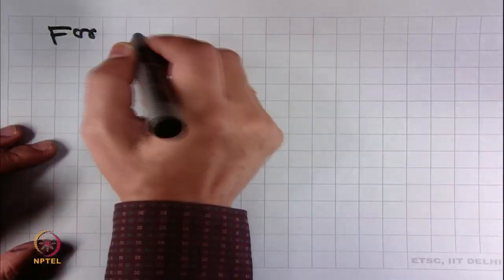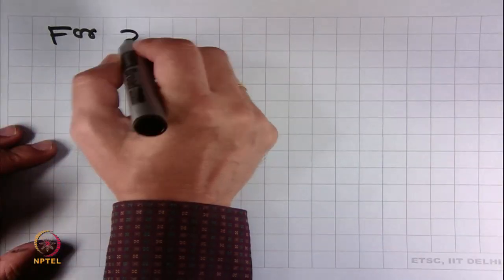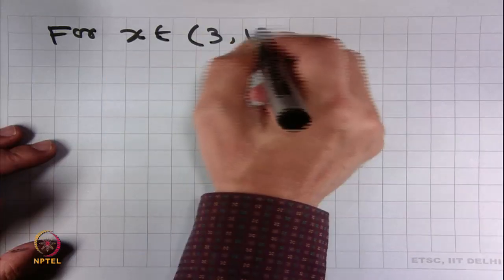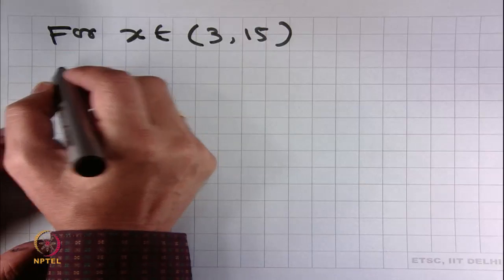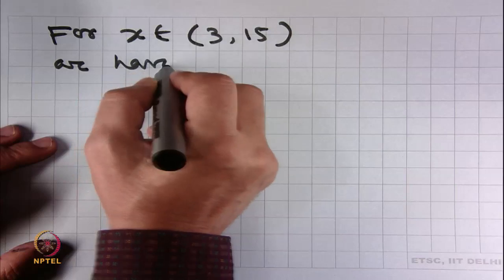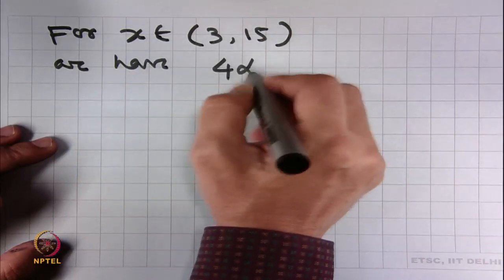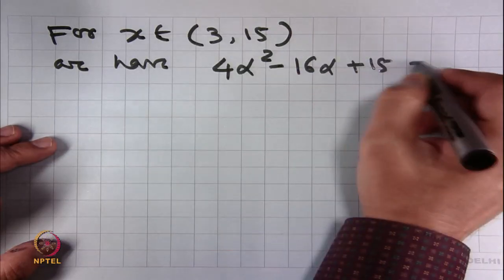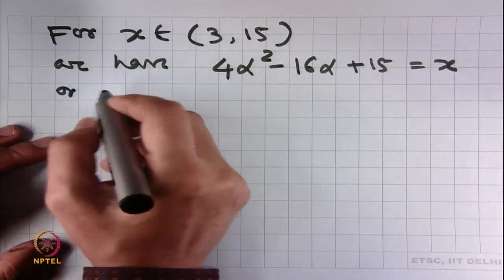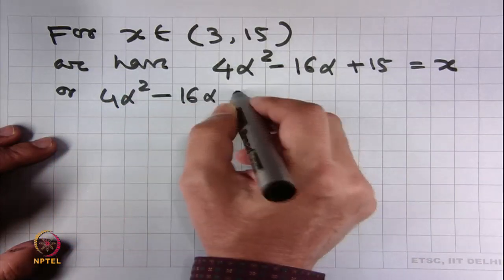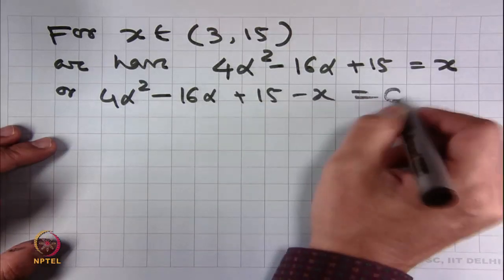And finally, for x belonging to 3 comma 15, we have 4 alpha square minus 16 alpha plus 15 is equal to x, or 4 alpha square minus 16 alpha plus 15 minus x is equal to 0.